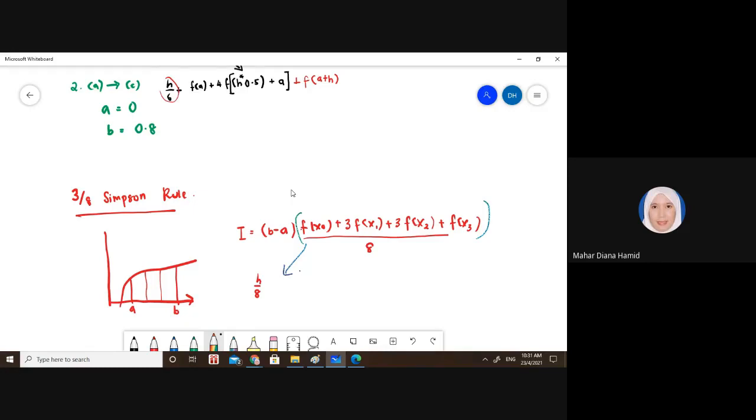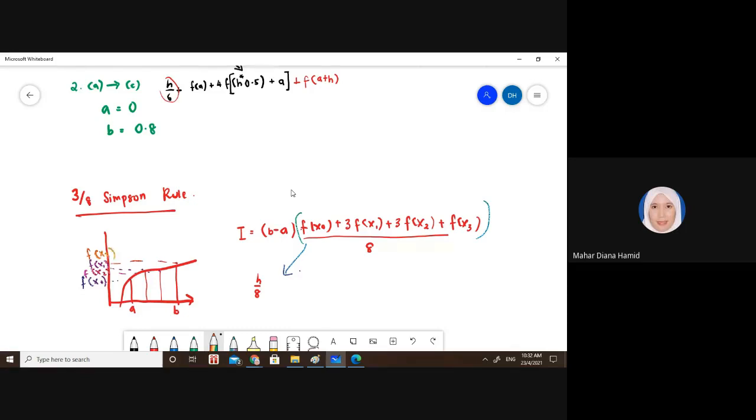So this corresponds to fx naught, this corresponds to fx1, this one fx2, and this one is fx3.